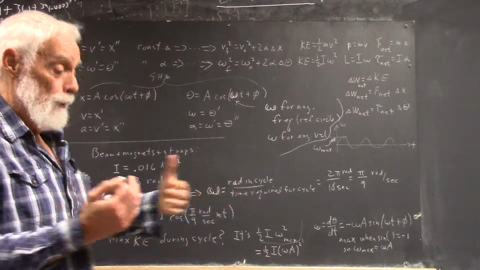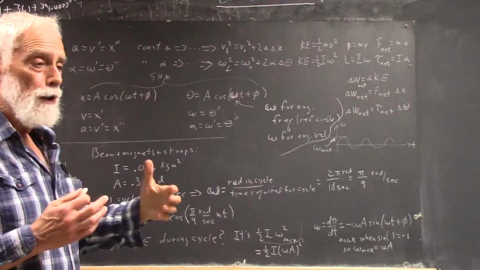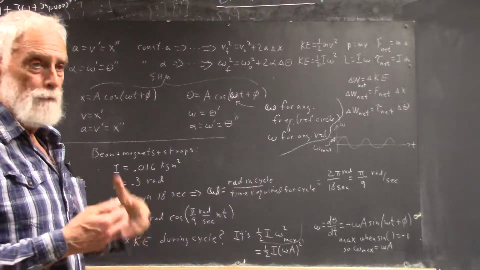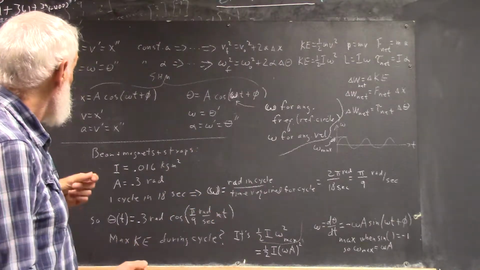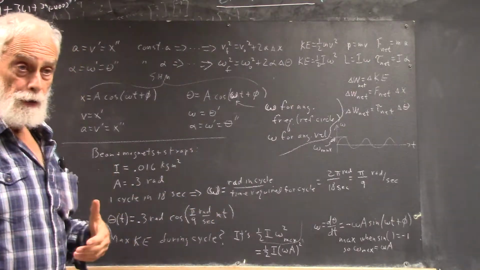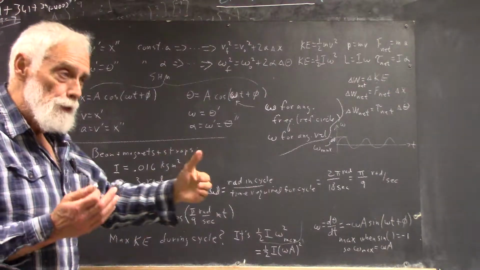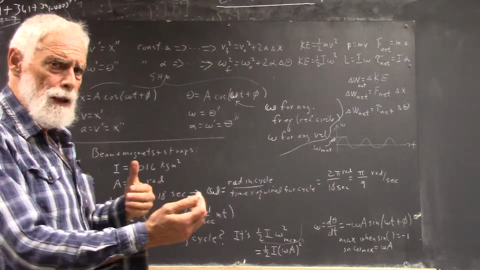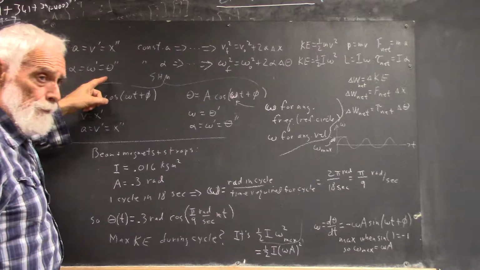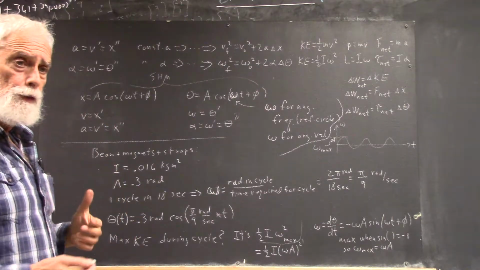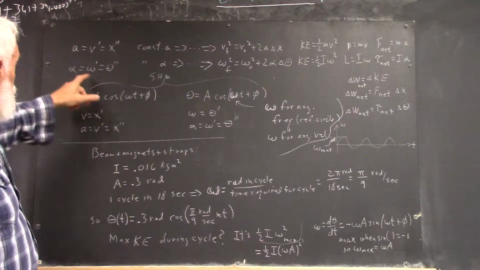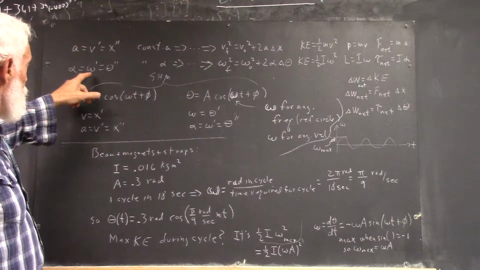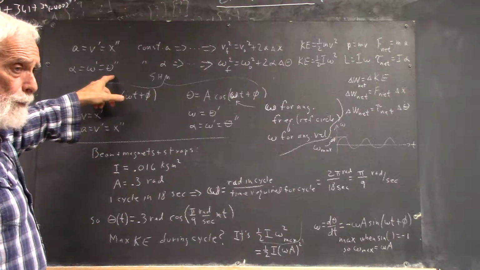If you're in rotation, then you're talking about angular velocities measured in, for example, radians per second, that would be the standard unit, and angular accelerations and angular positions. The position is measured by angle, theta. Angular velocity is the rate of change of the angular position, so the angular velocity is the derivative of angular position.